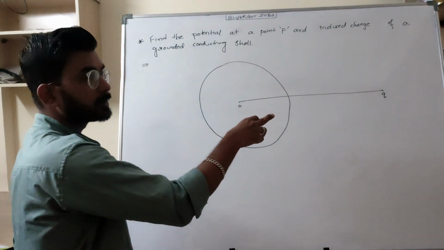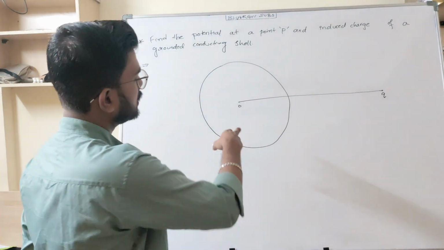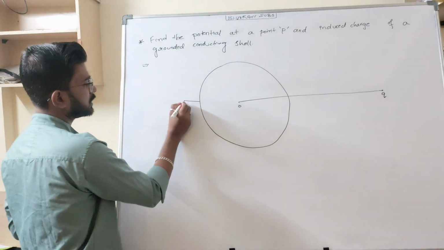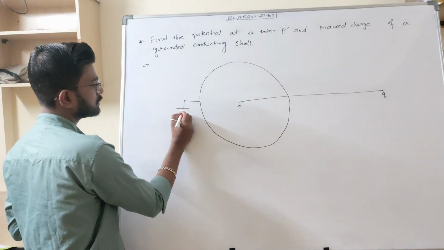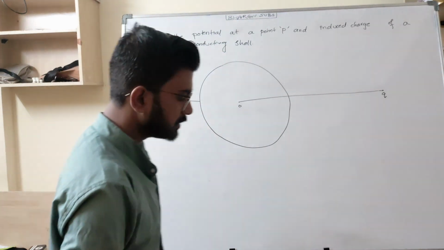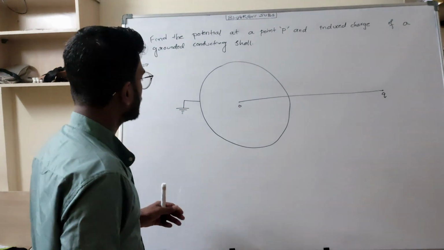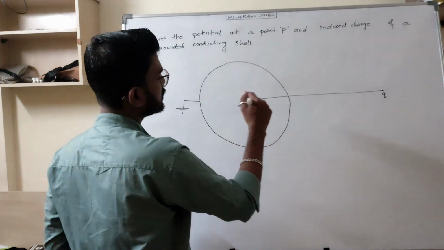Due to the charge present outside, a charge is induced inside the shell. This conducting shell was grounded. Conducting shell means it contains free electrons inside. Now due to this, a charge is induced.